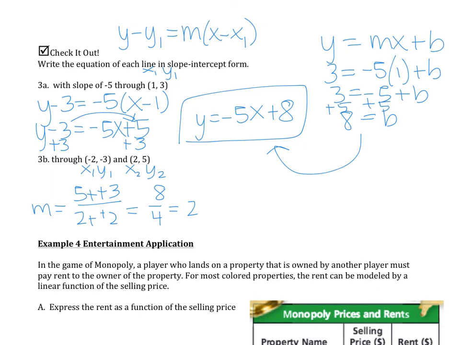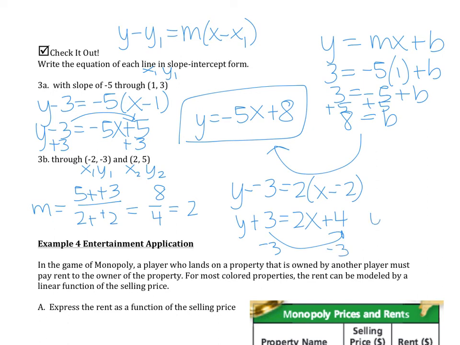You can use the first one or the second one. And again, you could have used y equals mx plus b for that. Either way, you should get y equals 2x plus 1.